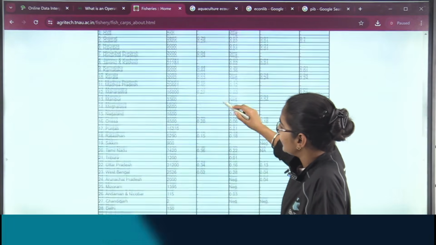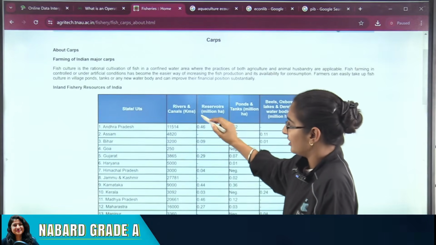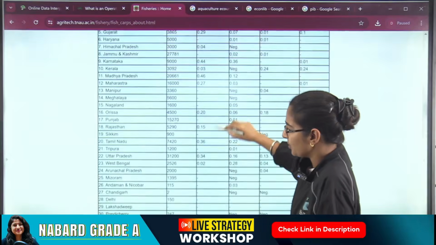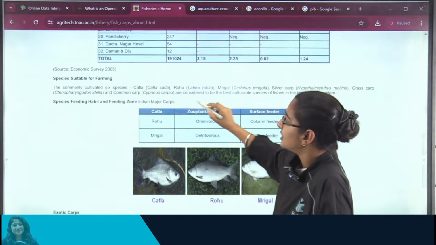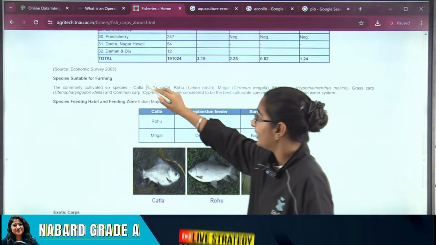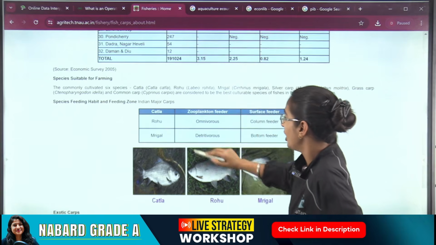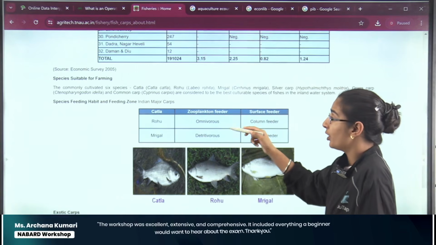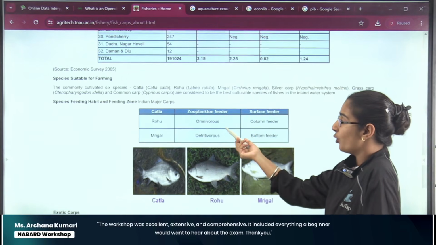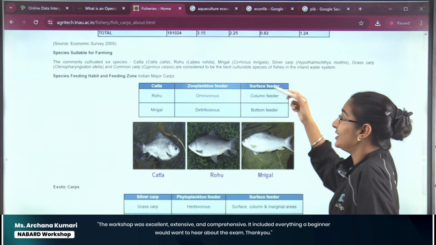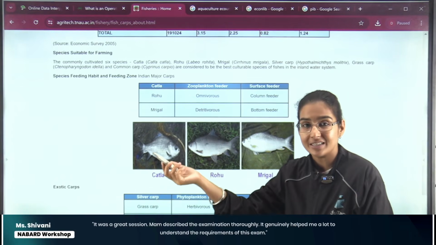Here we have the inland fishery resources in India. This is not of much importance, right? After that you see species suitable for farming. You have to see what the species suitable as far as carps are concerned, right? Rohu, and which of them are omnivorous, which of them are detritivorous, and which one feeds in the column and which feeds on the surface.